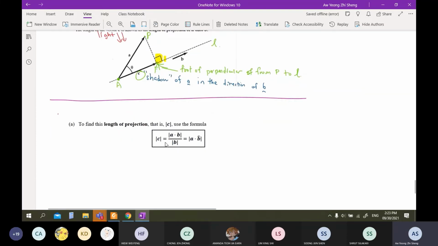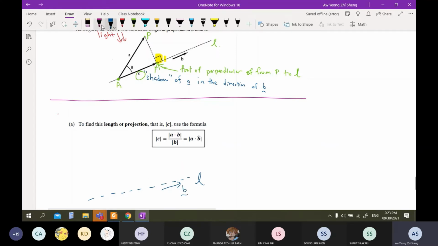The formula in the box for length of projection also works when theta is obtuse. So I will draw another similar diagram where B is the direction of L. Vector B is parallel to line L. My vector A is still a slanted line starting from point A on line L, but let's say it slants in a different direction. Let's say it slants this way.